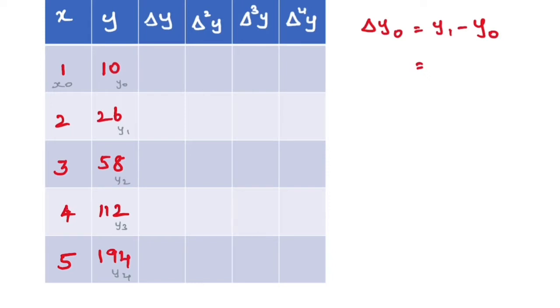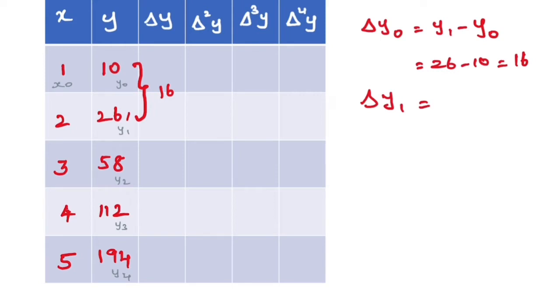Your y1 is 26 and your y naught is 10. So subtract these two, you get 26 minus 10, 16. So this becomes 16.